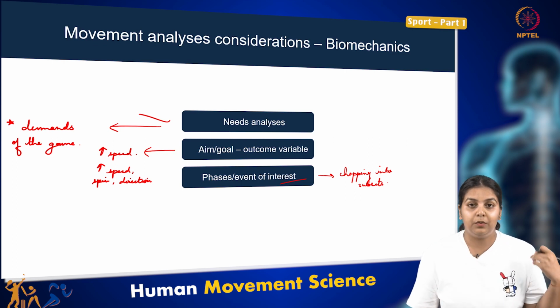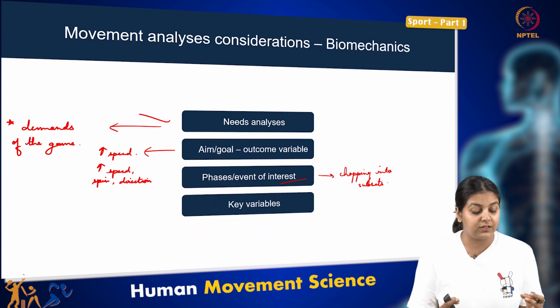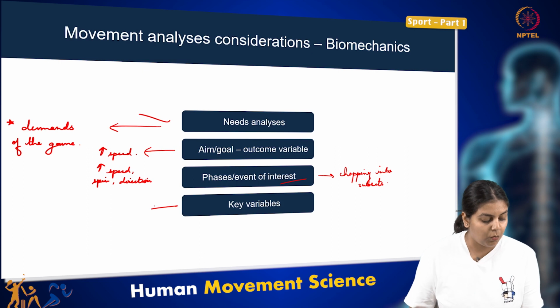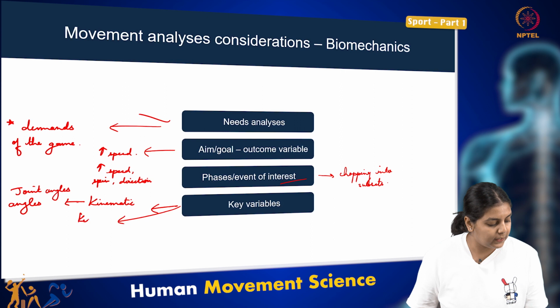So now that we've looked at what are the needs, what's the goal, what are the phases, now within these phases, what are our key variables? So it could be kinematic variables, for example, and these could be angles. So we could be looking at joint angles, or it could be kinetic variables, for example, and these could be looking at force production or distribution.